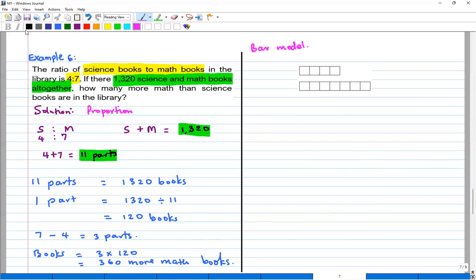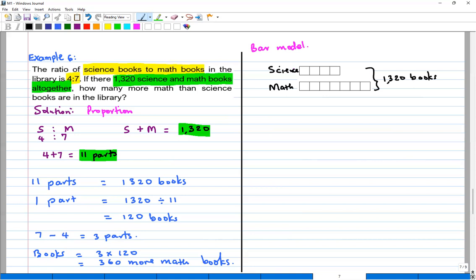So this means that this is science and this is math. 4 parts to 7 parts. Then if there are 1,320 science and math books altogether, it means that all together here we have 1,320 books, and these are math and science.